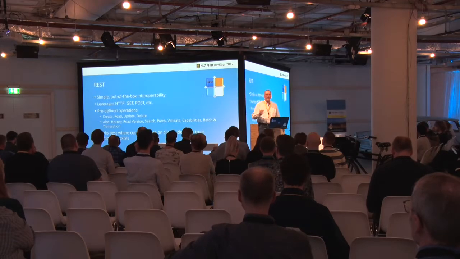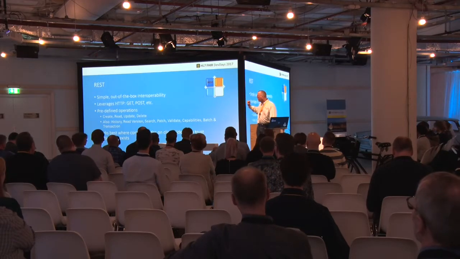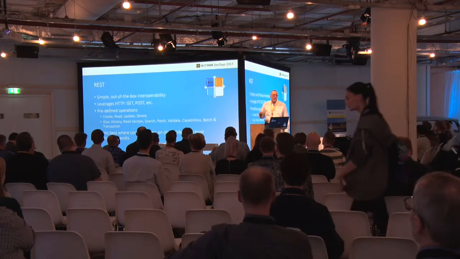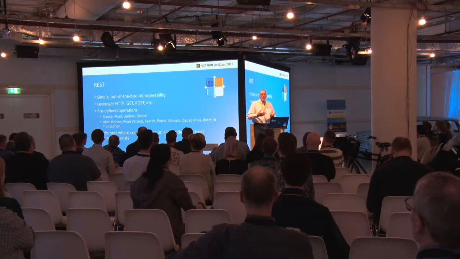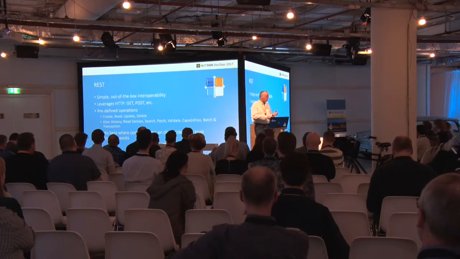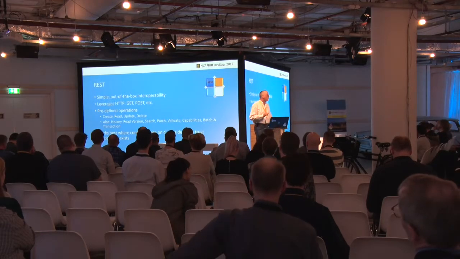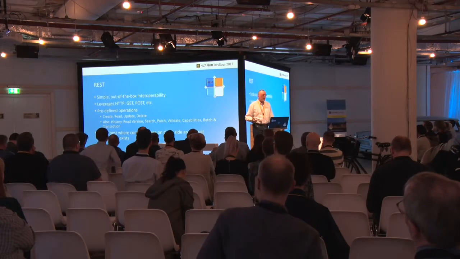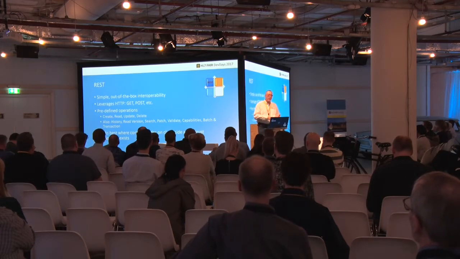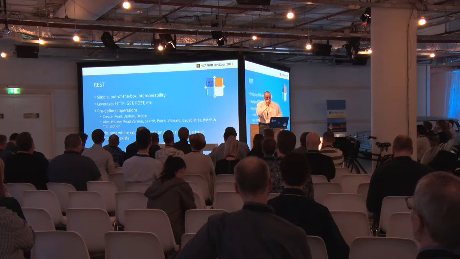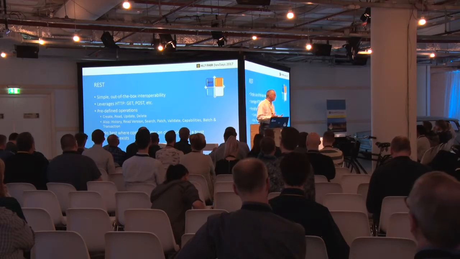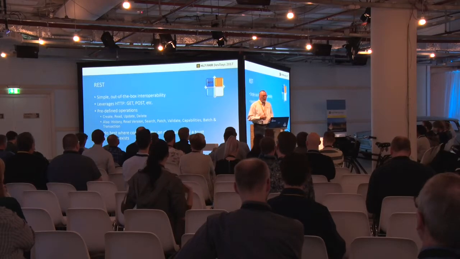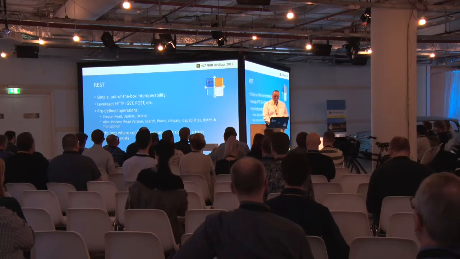So they allow us to define very easily those basic CRUD operations: create, read, update, delete. But through modifications of the API itself, through the HTTP use of GETs and PUTs and POSTs, we can do many other types of operations that FHIR defines, like history, vread, search, patch, and so on. Obviously, this type of paradigm works well when you have the client in control and you have a trust relationship between all parties.